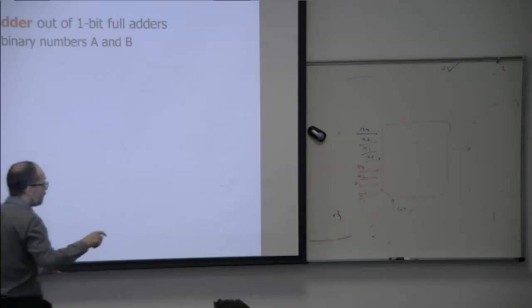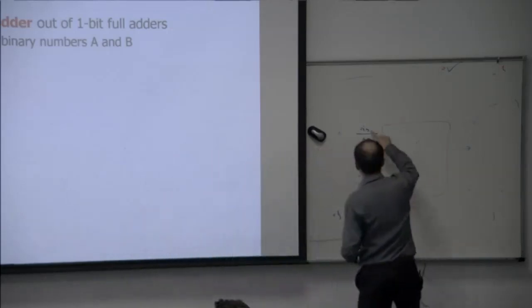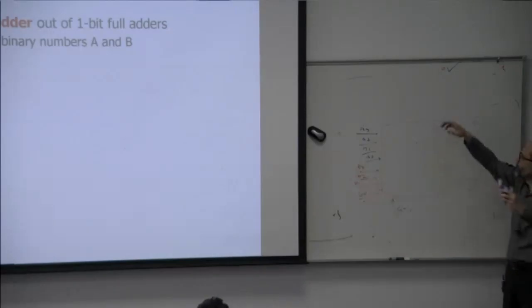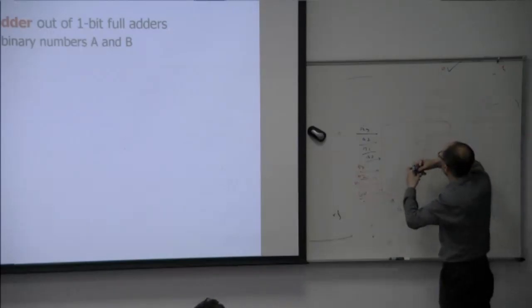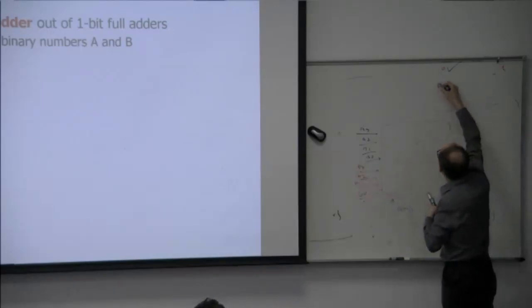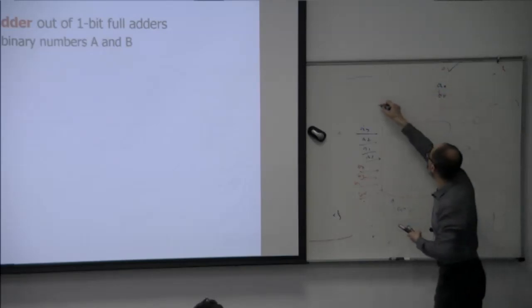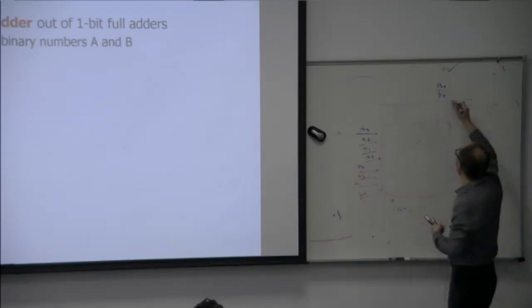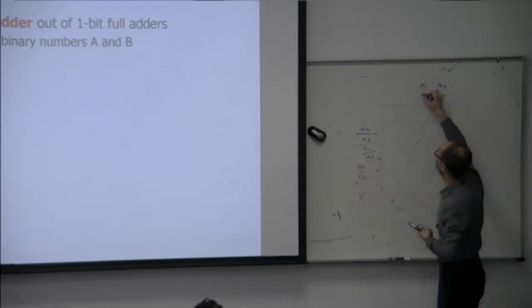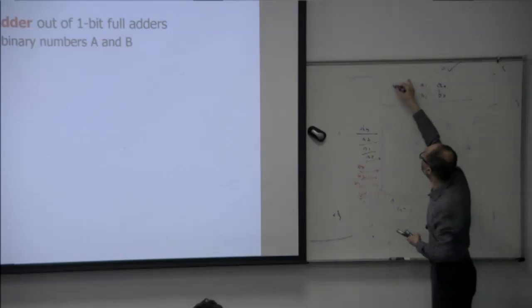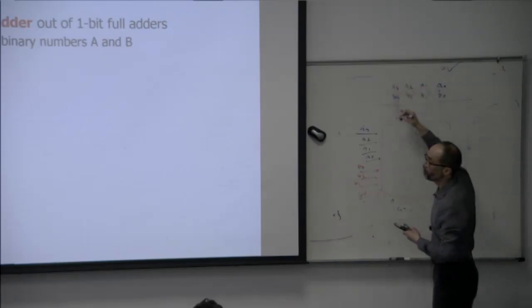So assume that if you want to do any addition, let's assume we have some addition. So we have A0, B0, then A1, B1, then A2, B2, then A3 and B3.